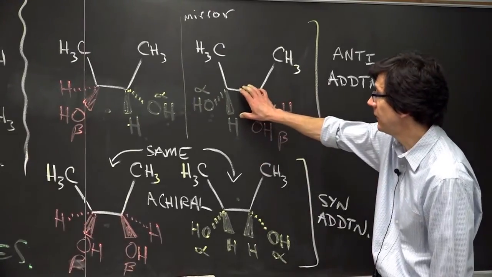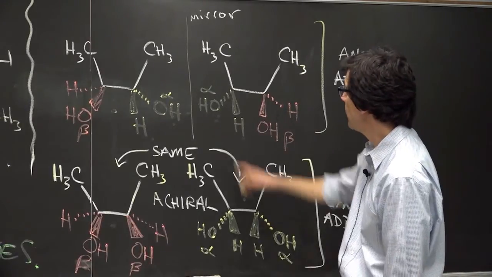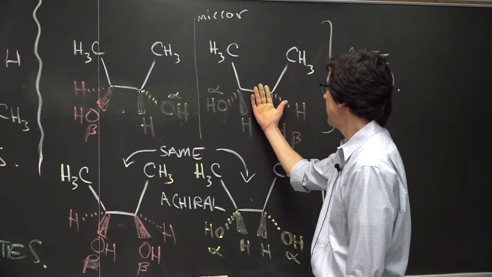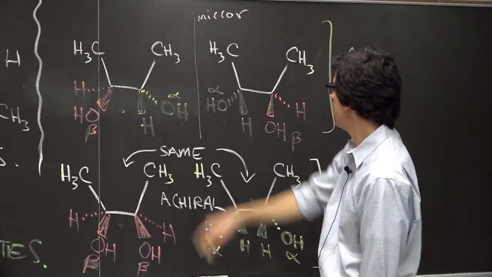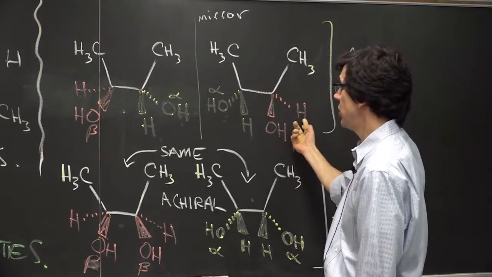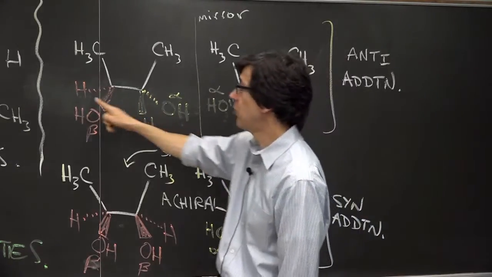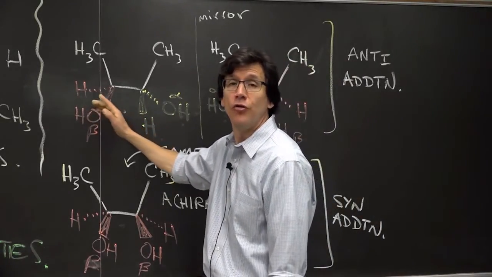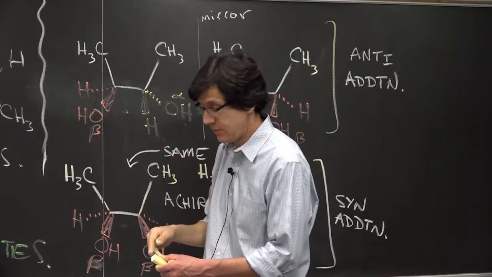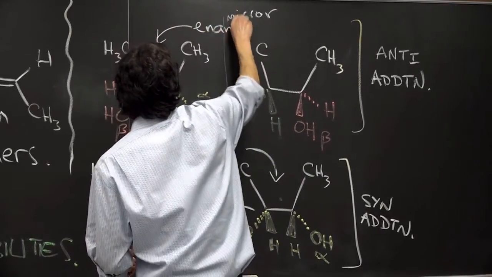If I took this and I scooted it over here, would they match up? No, they wouldn't, because this OH would go there. Well, could I take this picture and turn it over and make it match? That doesn't work either, because when I turn this over, this hydrogen ends up where this OH is. This OH ends up where that hydrogen is. So these are non-superimposable mirror images. What's their relationship? These are enantiomers.